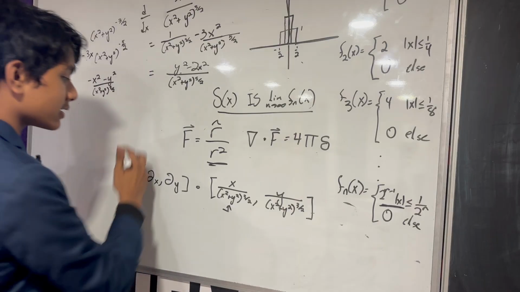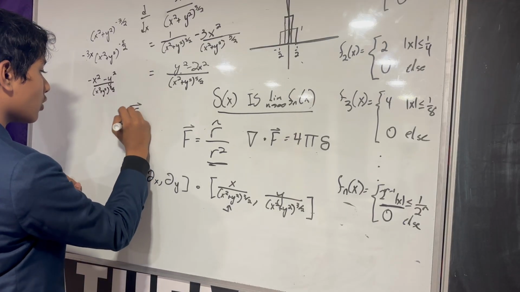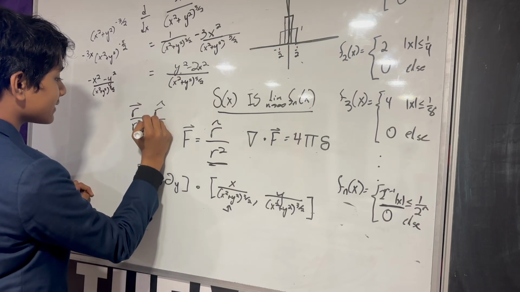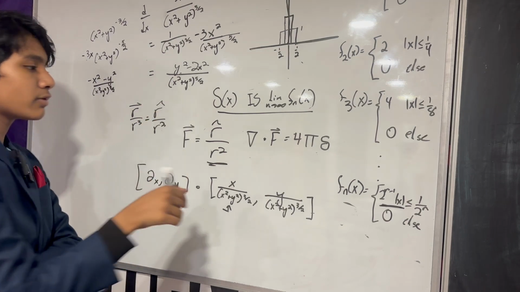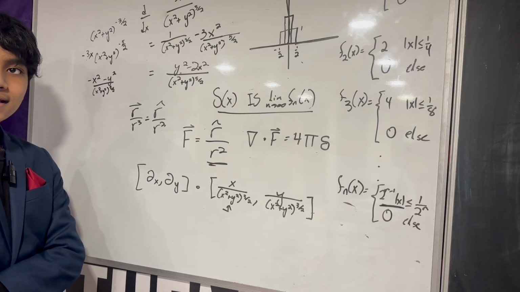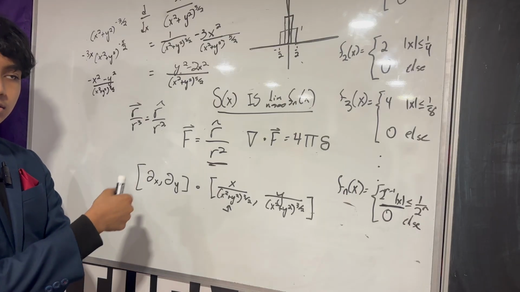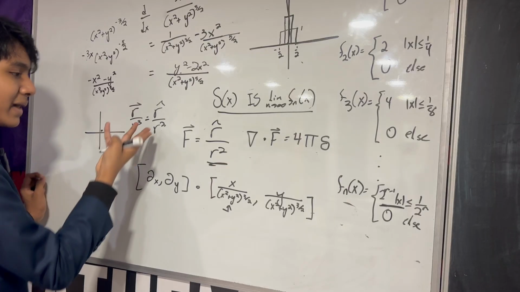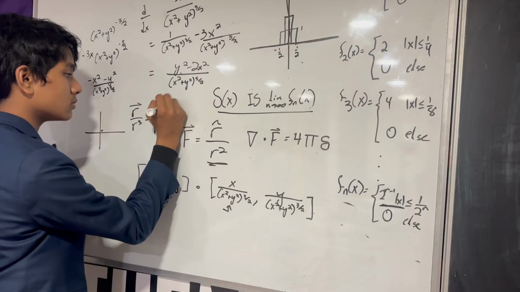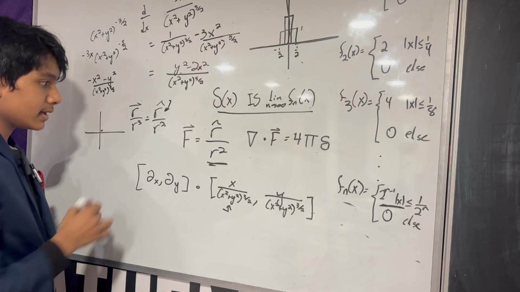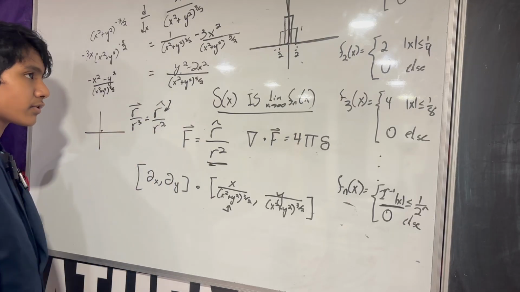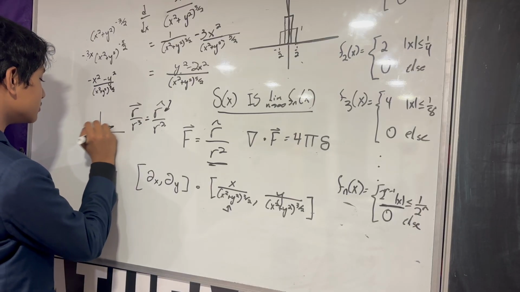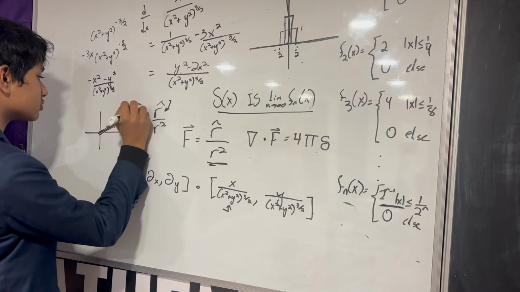Well, when you think about it, what is r over r cubed, or the unit vector r over r squared, actually going to look like as you get closer and closer and closer to the center? What's the magnitude of this? Well, r hat's magnitude is 1, and so the magnitude of this should be 1 over r squared. So, logically, that means that the magnitude should diverge as you get closer and closer.